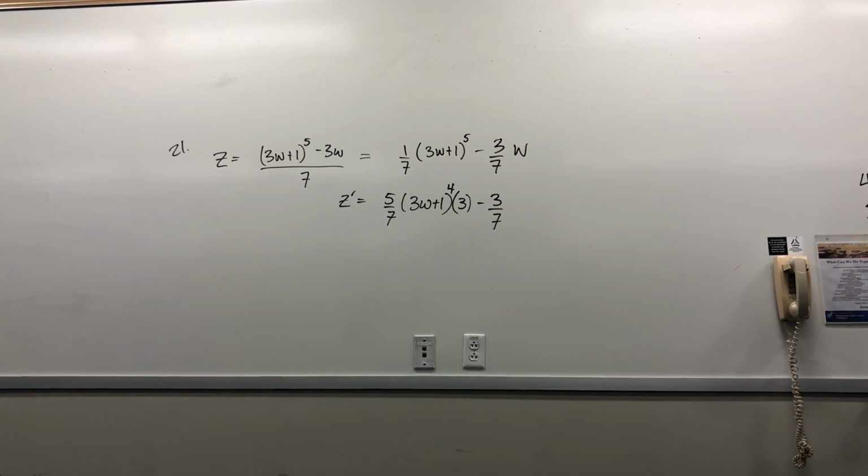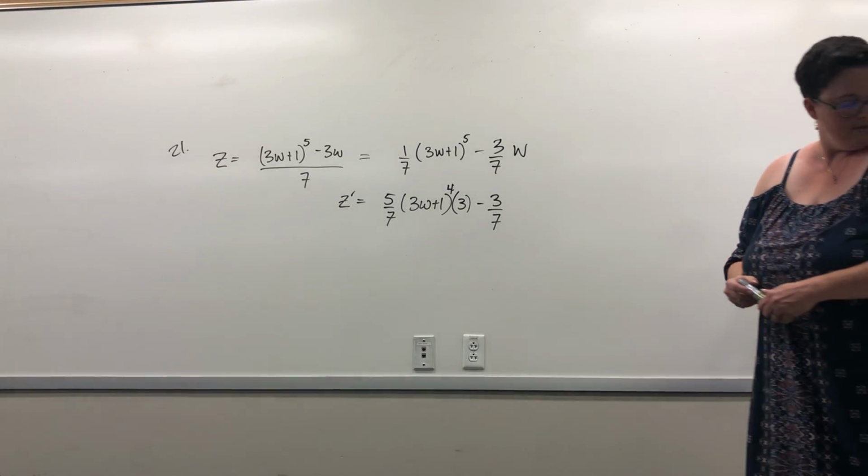All right, so that was 21. 27. This was x squared minus 3x plus 3 quantity cubed at 2 comma 1? Or did you guys have 29? Yeah, 27.